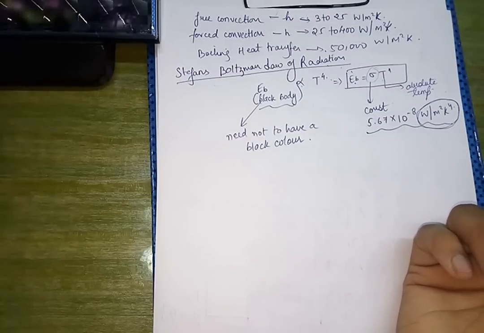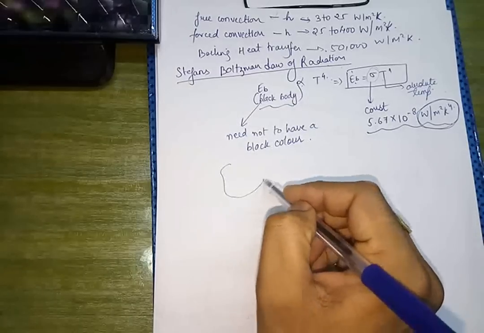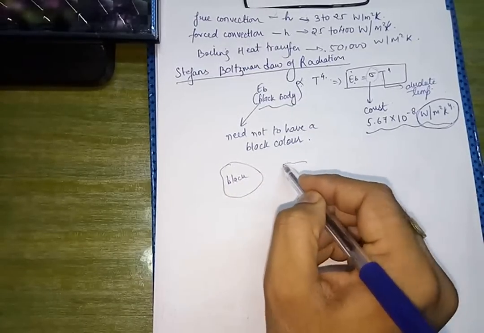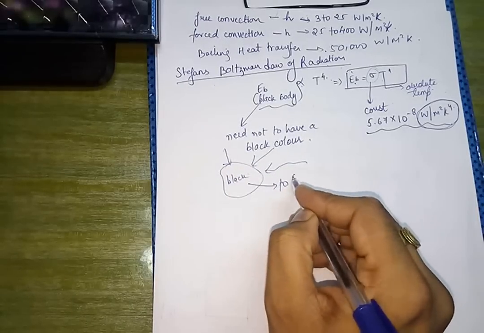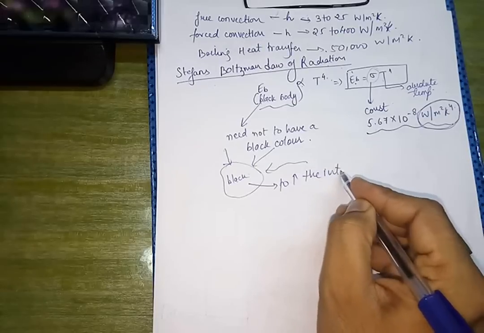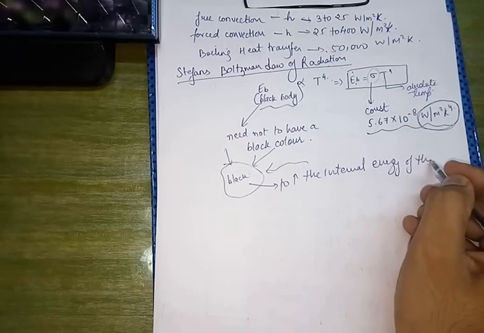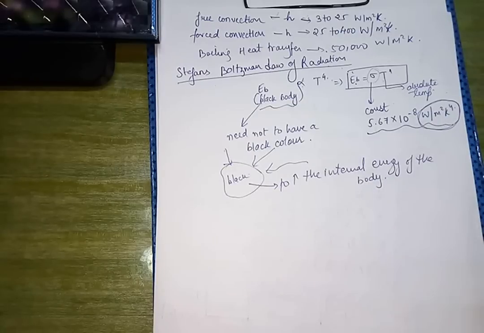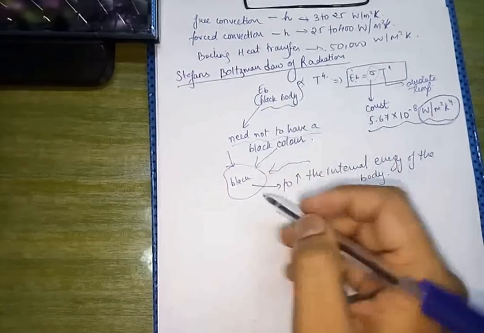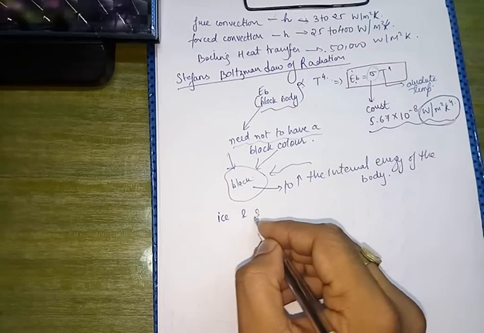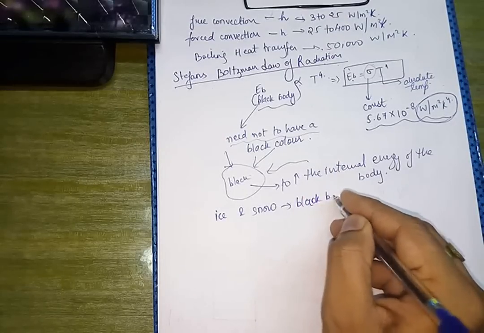The absorbed energy will be used to increase the internal energy of the body. As I have told you, it need not be black, because ice and snow are also examples of black bodies.